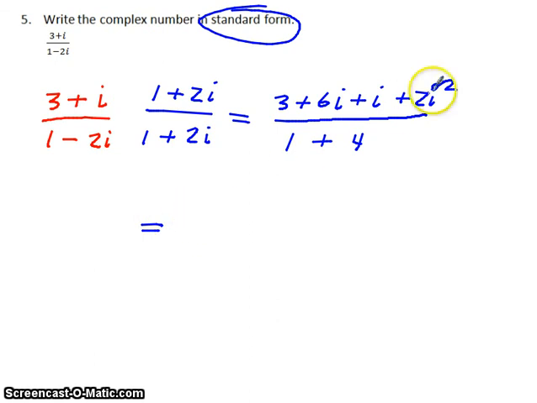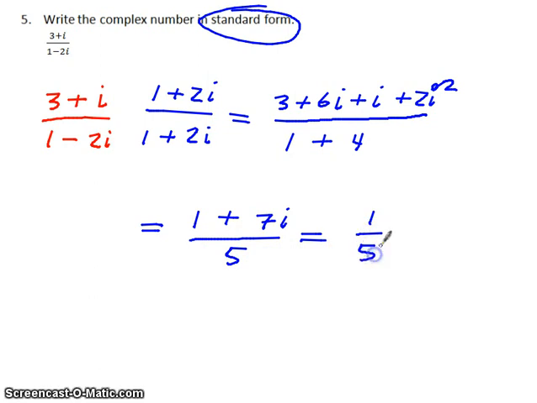We have a minus 2 there, so that's a 1 plus 7i all over 5. And then we can break up into standard form. So we have 1 over 5 plus 7i over 5. And that is our standard form.